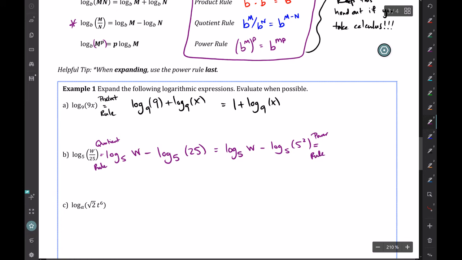So now this will be log base 5 of w minus, and now the power rule says we can bring that exponent out front. So this is 2 log base 5 of 5. But log base 5 of 5 is just 1, right? So we end up with log base 5 of w minus 2, because this log base 5 of 5 is just 1.